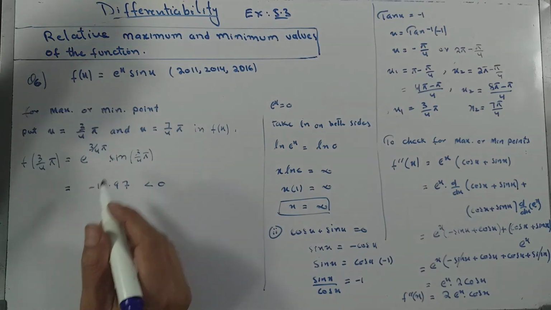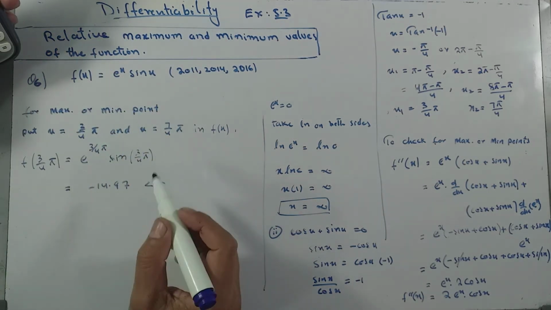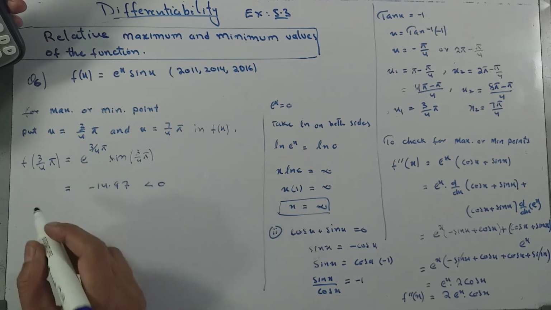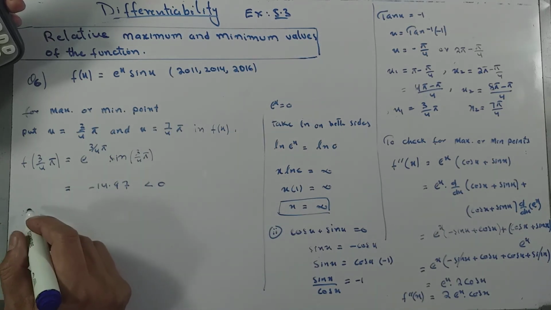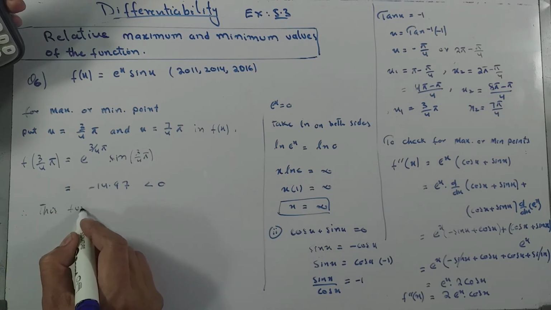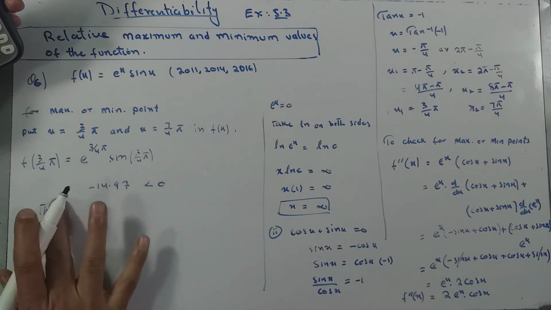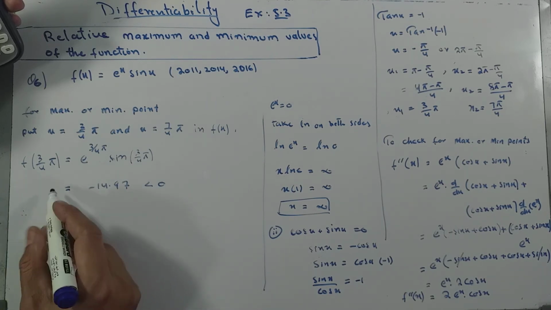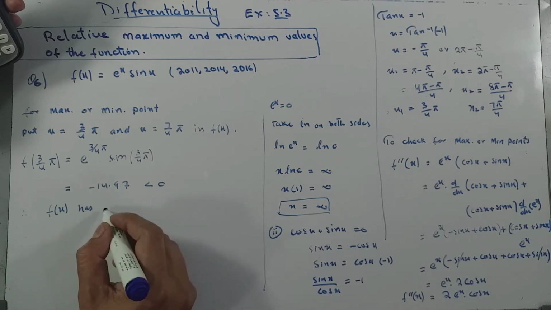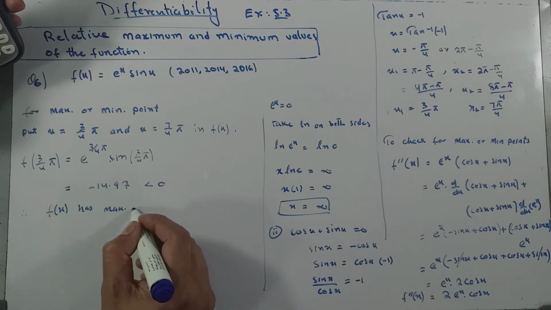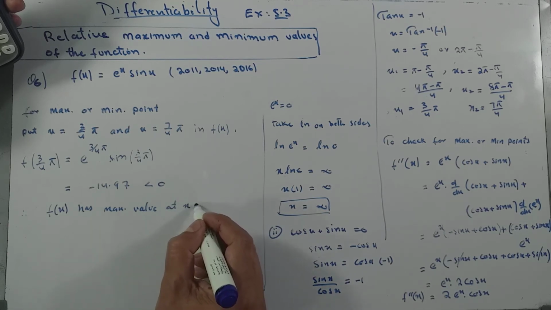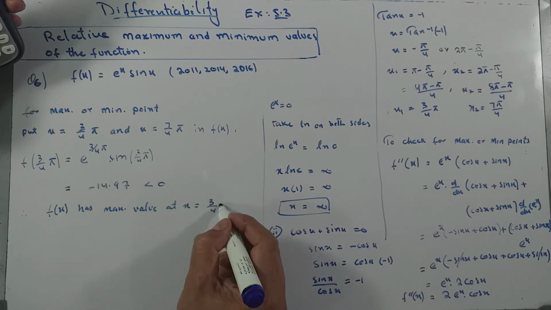Therefore, f of x has a maximum value at x equal to 3 upon 4 pi.